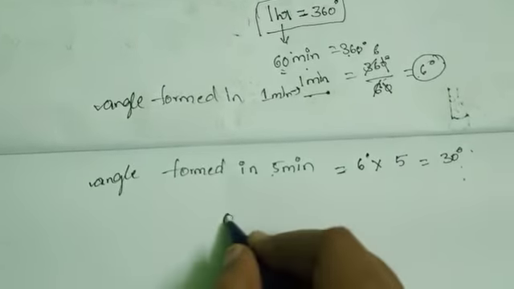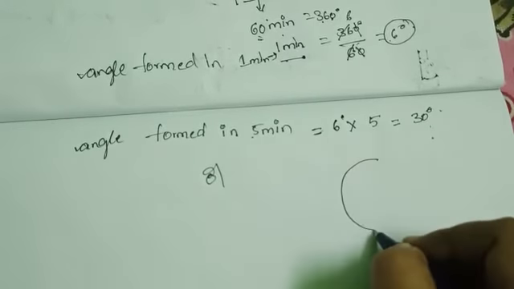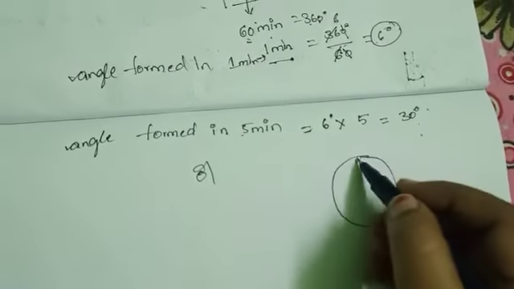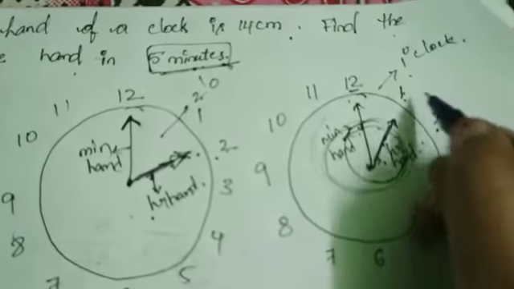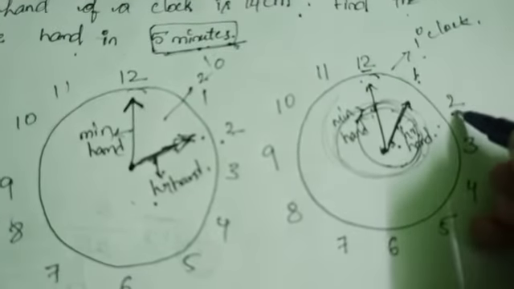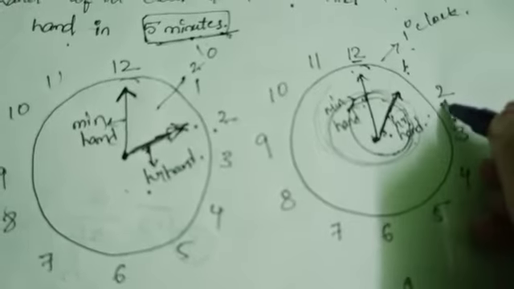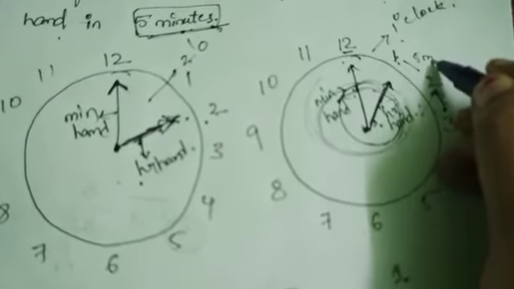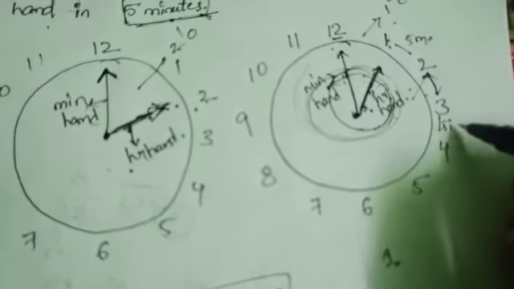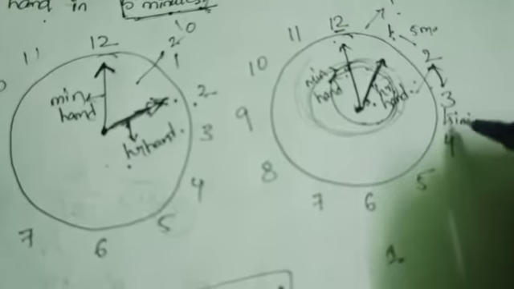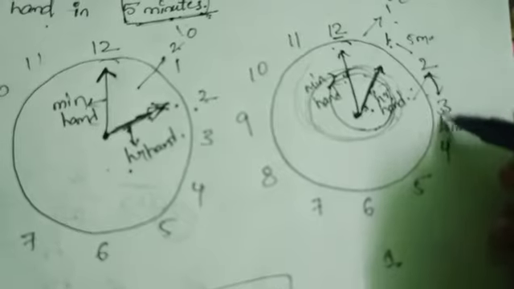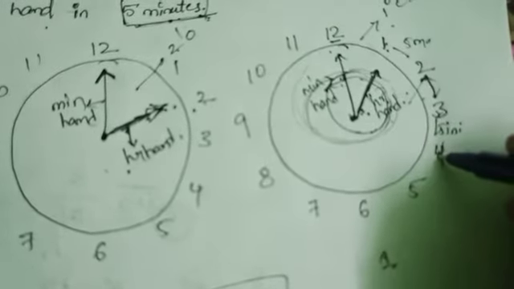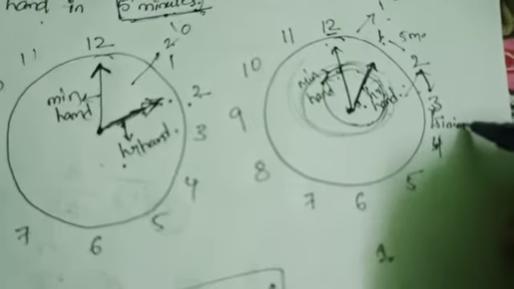Or another method. See, this is a circle. Here we want 5 minutes. 1 to 2 is 5 minutes, 2 to 3 is 5 minutes, 3 to 4 is 5 minutes. So the difference between consecutive numbers is 5 minutes.